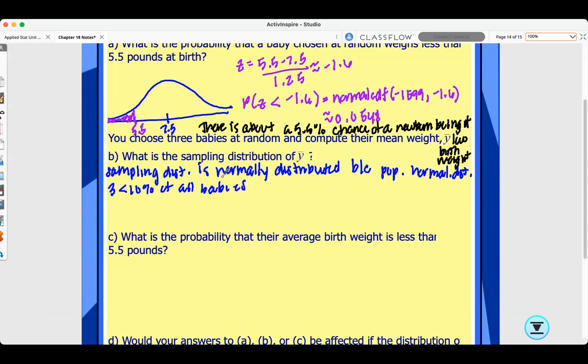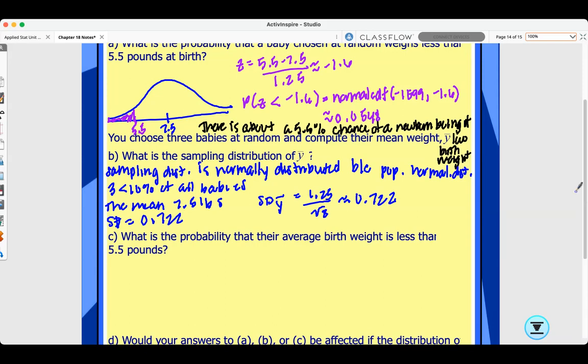And the mean would be 7.5 pounds. With our standard deviation, we would need to find it. The standard deviation of y bar would be 1.25 divided by the square root of 3, which is our n, which is about 0.722. So our standard deviation would equal 0.722.